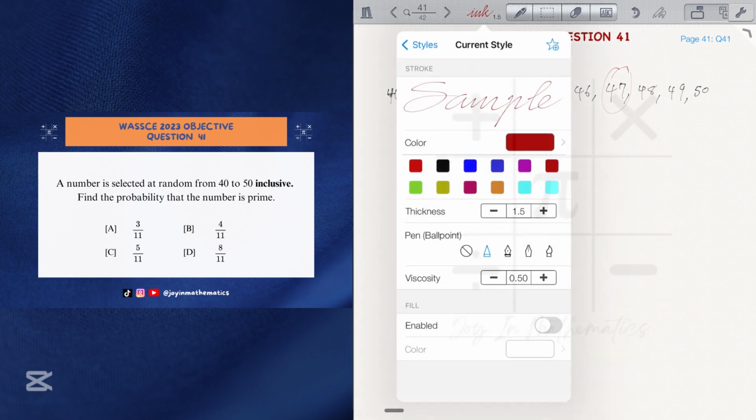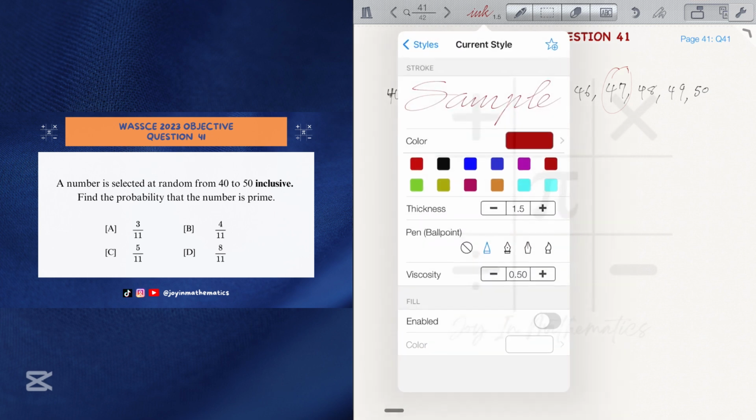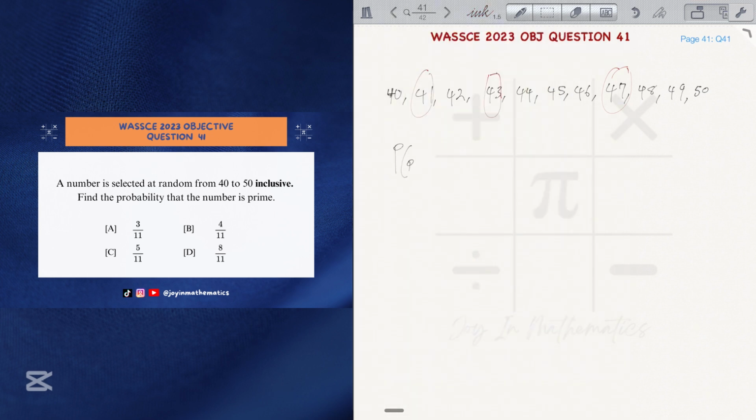So the probability of prime numbers, P of prime, is equal to the number of prime numbers divided by the total outcome. The total outcome is the number of values, so we have 1, 2, 3, 4, 5, 6, 7, 8, 9, 10, 11.